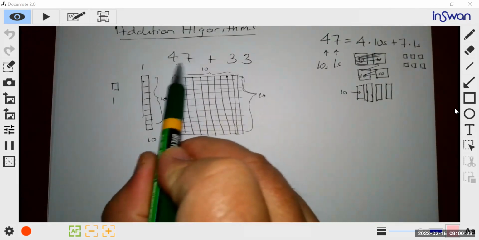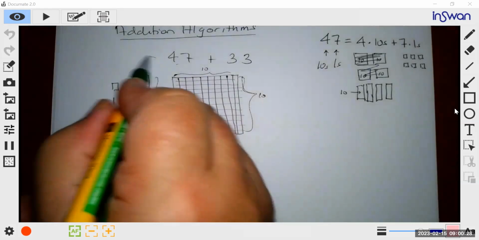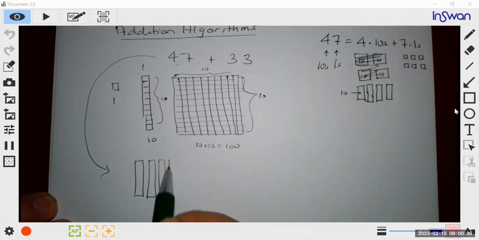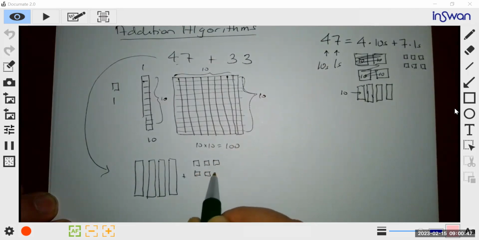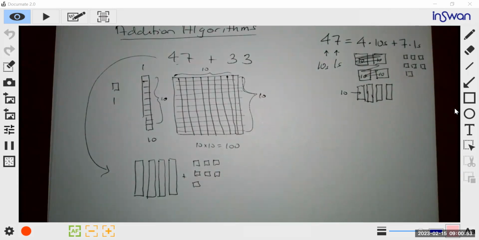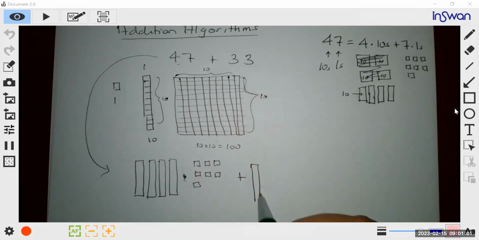So using blocks, for this one, we have 4 strips or bars. Plus 7 squares. Plus, plus the 33, I have 3 bars.